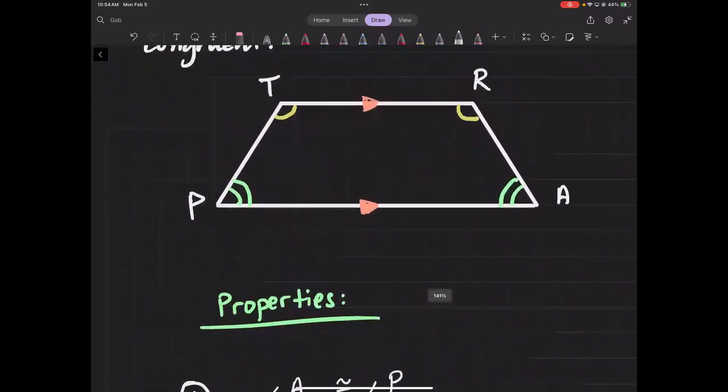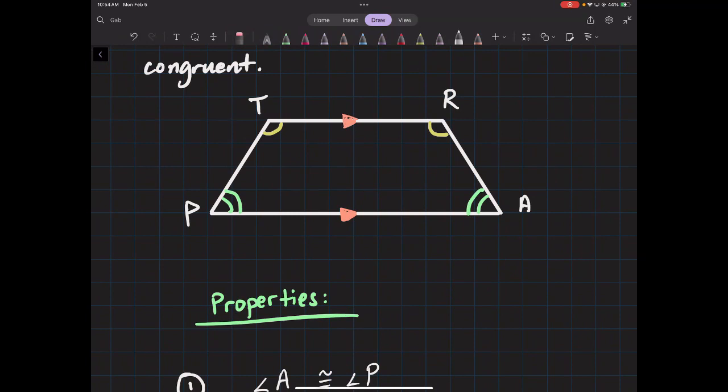This is the first theorem that we're going to deal with. This first theorem says base angles will be congruent to each other. The base angles down here and up here are congruent to each other because they're cut by the parallel lines.